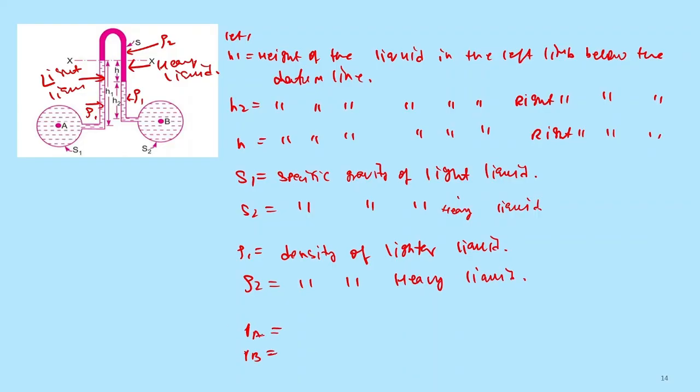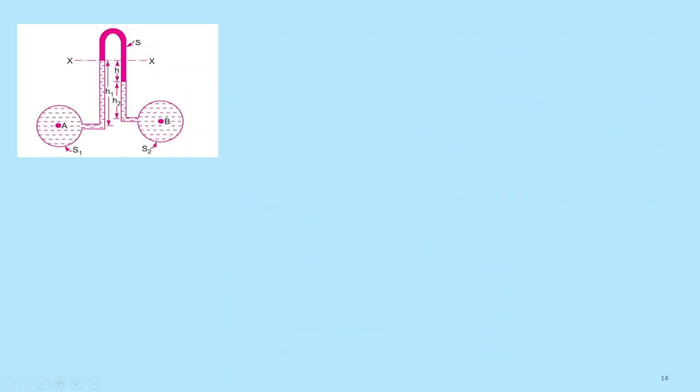PV and PA we already know, pressure intensity in the left limb and pressure intensity in the right limb. So we write the pressure intensity in the left limb and right limb, and then we equate them.